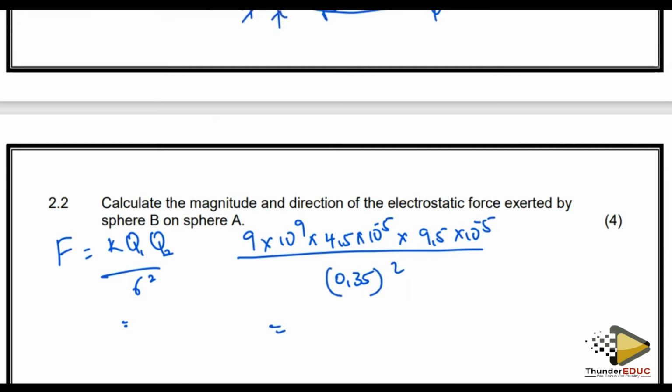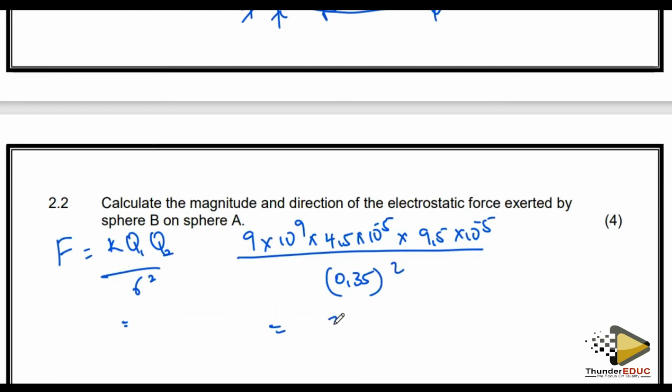Putting this into the machine, I'm gonna have 9 times 10 to the 9, times 4.5, then we multiply by the 9.5 times 10 to the negative 5, over 0.35 squared.